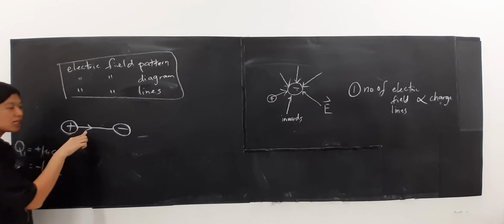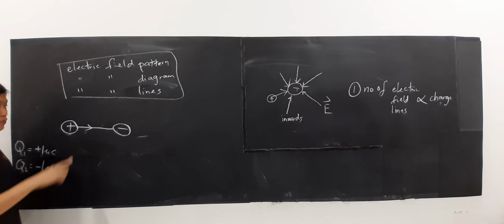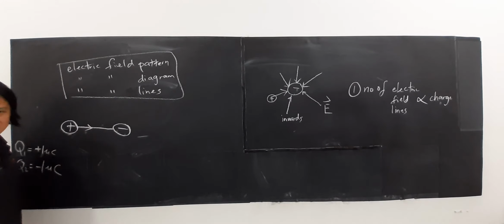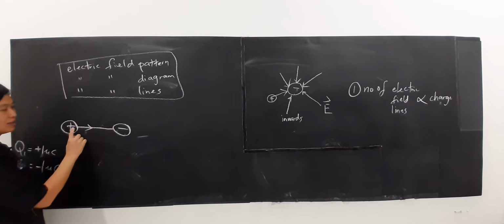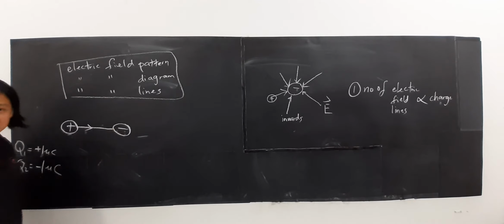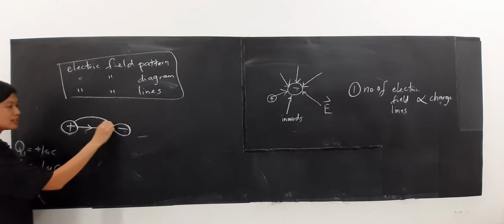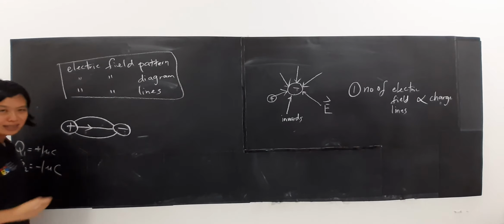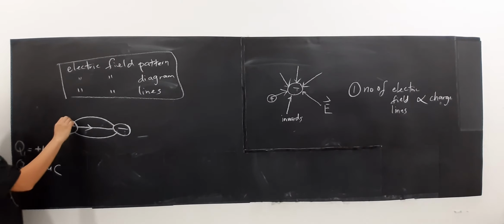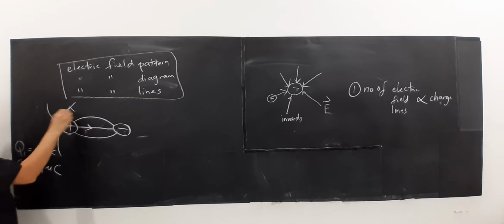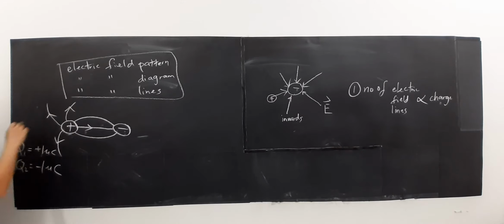So the direction of the electric field lines for a positive point charge is always going out and then going in at the negative. Alright, so this is the first line that I have. This is the second line, third line, and then I draw another three here. So in total 1, 2, 3, 4, 5, 6.